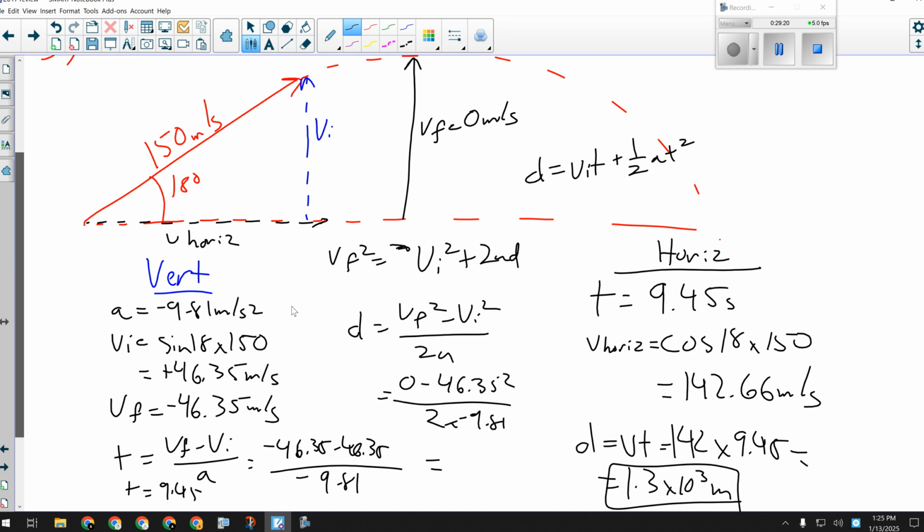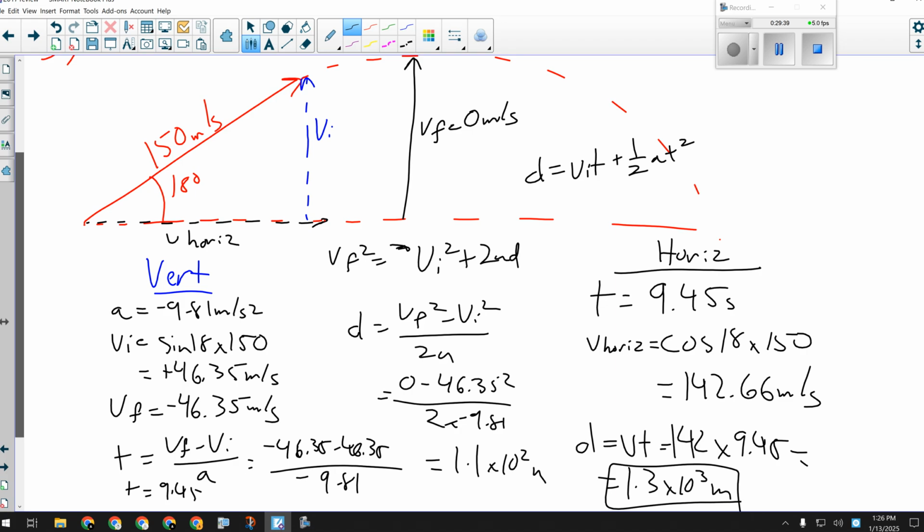Okay, so 1.1 times 10 to the 2 meters. Okay, and if I do this, it's the same thing, but I have to use half the time. So instead of 9.4 seconds, I would use 4.7 seconds.